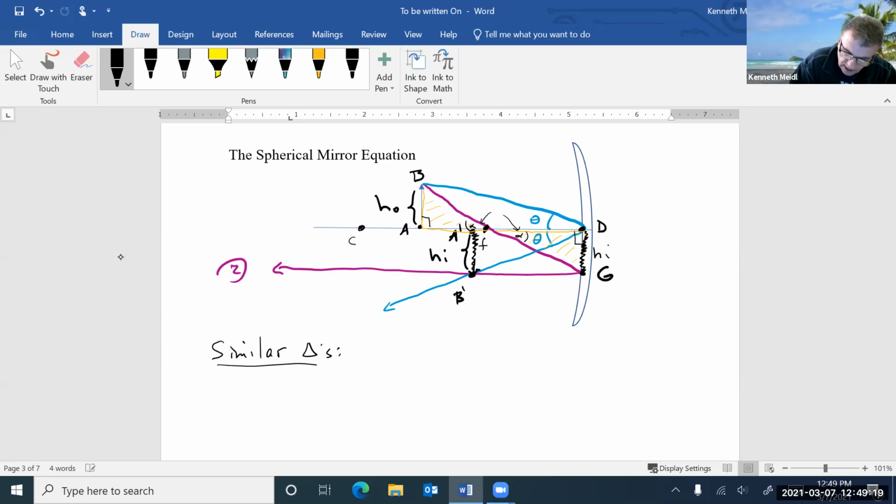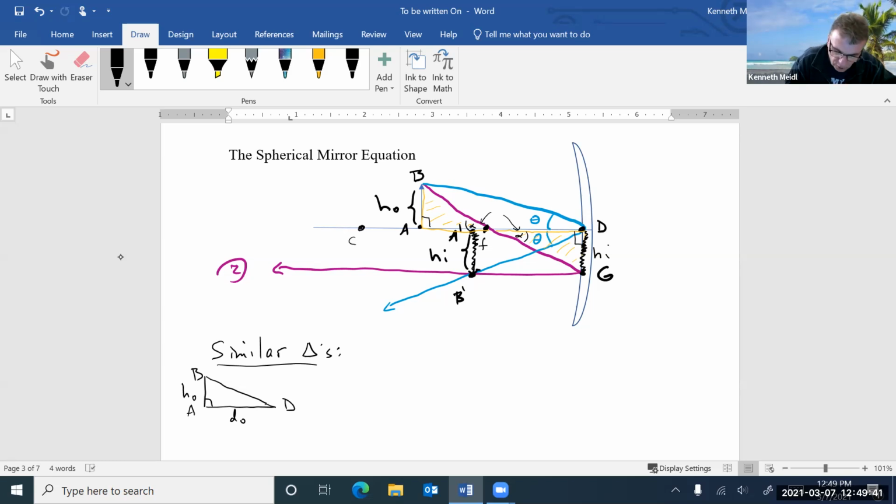It looks like one triangle sitting like this, and that's got A, B, and, looking at my diagram, D. And from A to D, this is really the distance that the object is. Here's the height of the object.